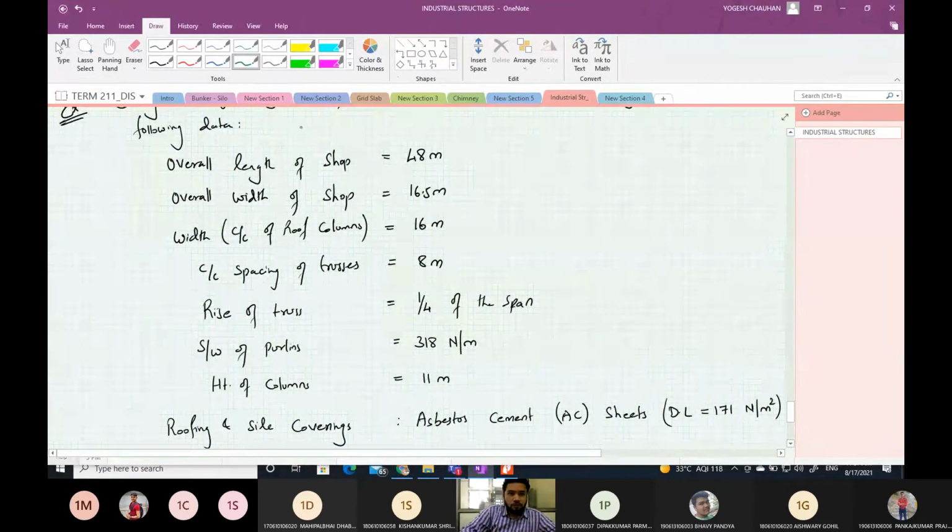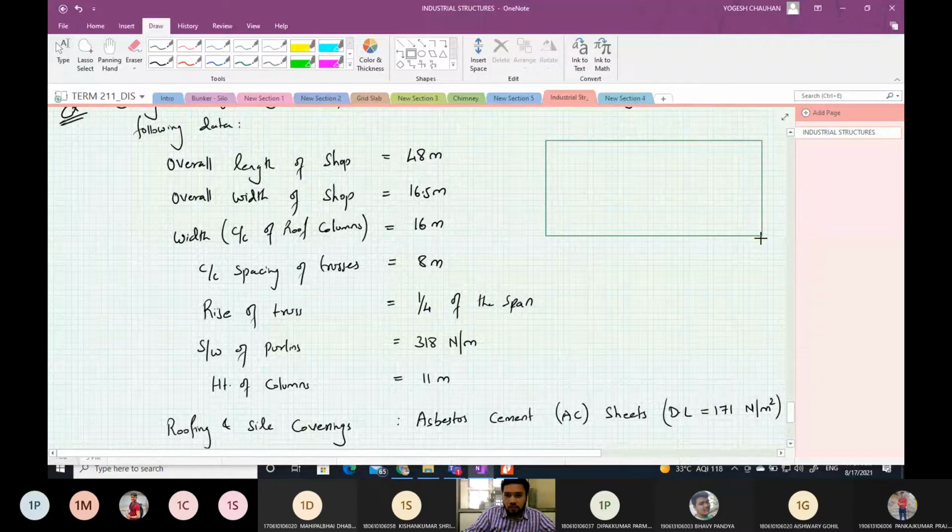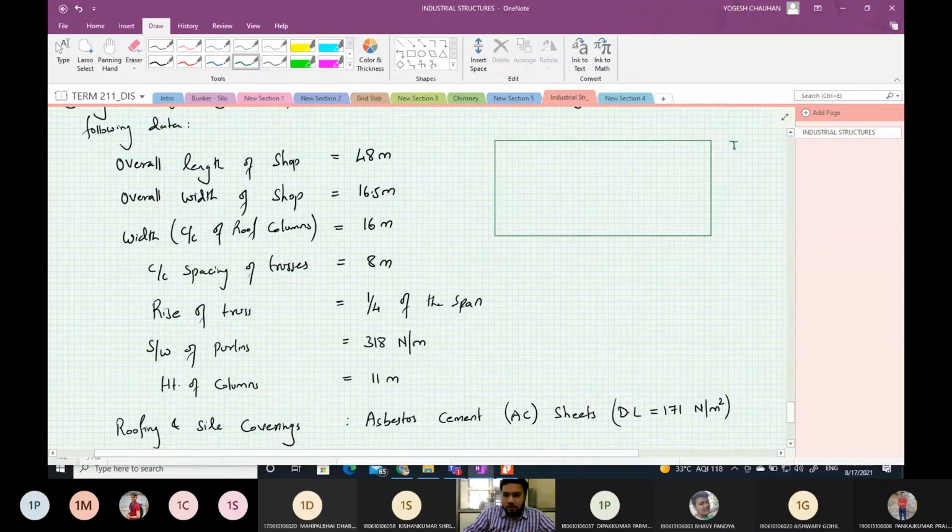So you have 48 meter by 16 meter, the area of the shop. So let us say this is 16 meter. This is 48 meter. And the spacing of the truss is 8 meter.